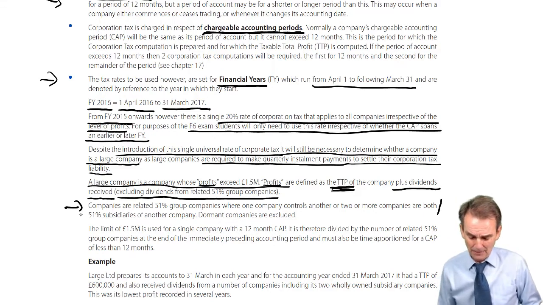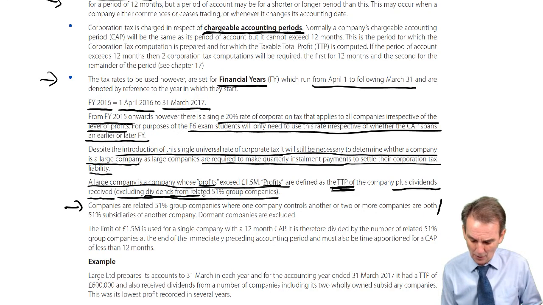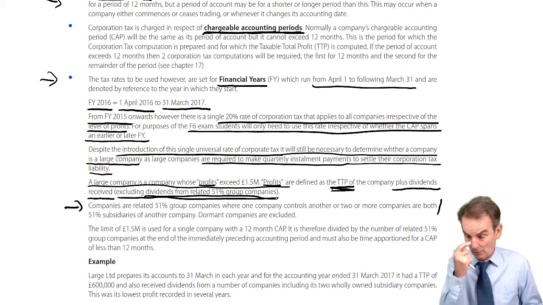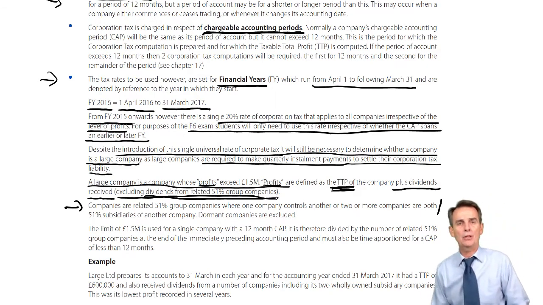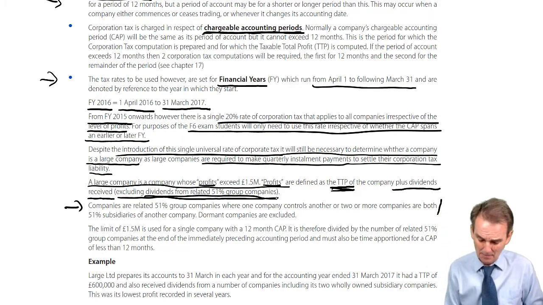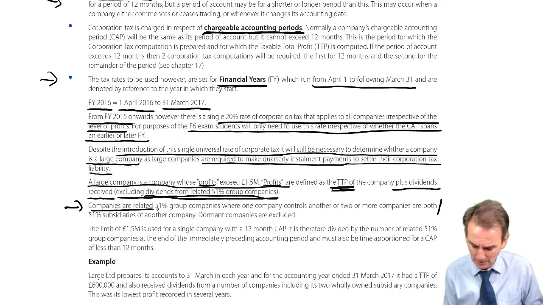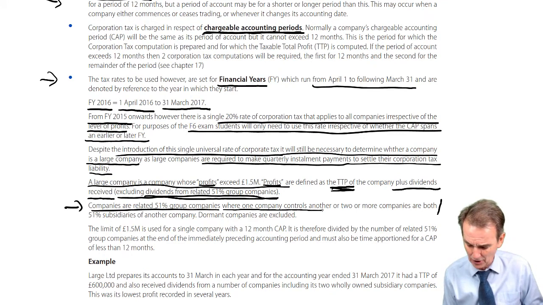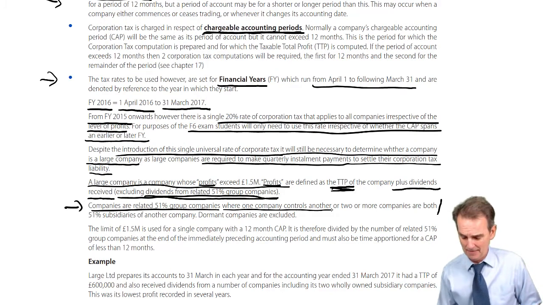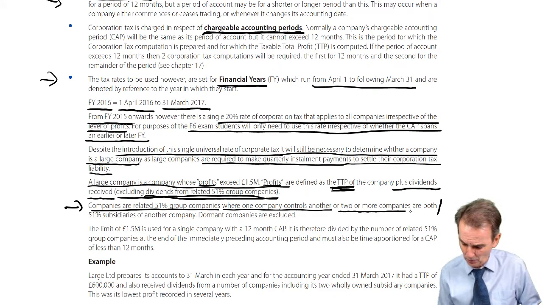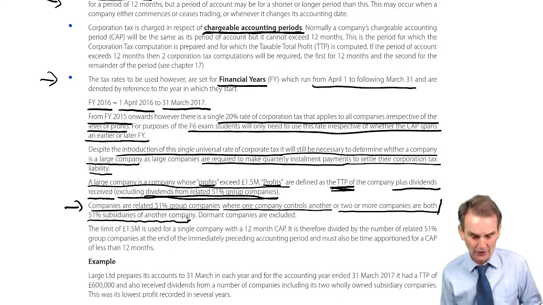We mentioned there about excluding dividends from related 51% group companies. Now, we have a separate chapter on groups of companies, and we'll remind you again at that point about what they are. But it's very simple. Companies are related 51% group companies either where one company controls another, parent company, subsidiary company, or two or more companies are both 51% subsidiaries of another company.